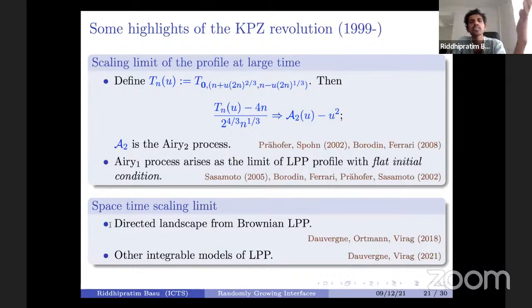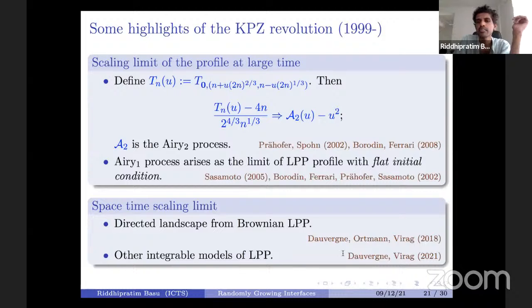So anyway, this is the convergence of a process, the convergence of the profile at some large time as time goes to infinity. And then you can also ask about what happens if, instead of fixing a time and scaling the space, I jointly scale the time and space. So then you get again a random field, which is nowadays referred to as a directed landscape.